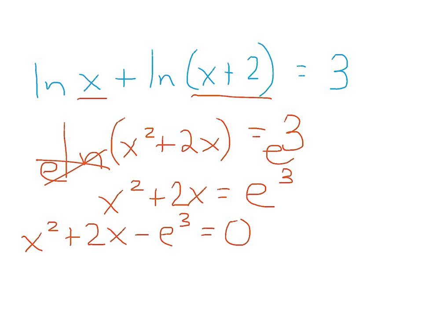And factoring that is kind of going to be a nightmare. It's not good, because e to the third, or negative e to the third, is not very user-friendly. It's a decimal that continues to go on forever and never stops and never repeats.